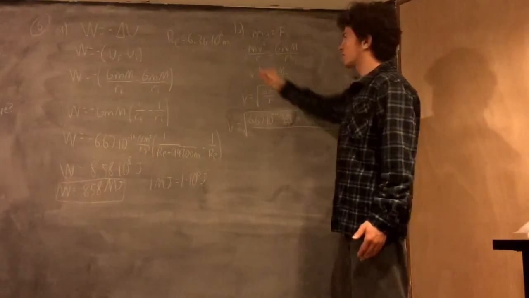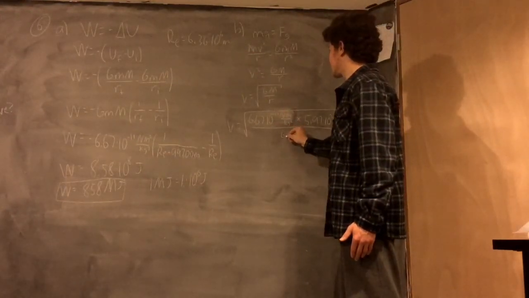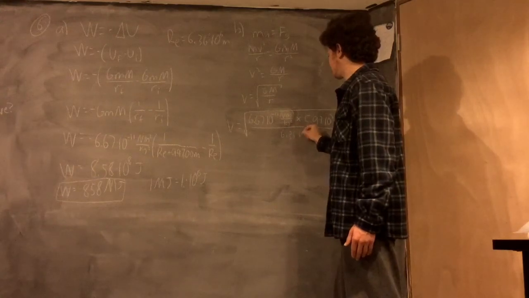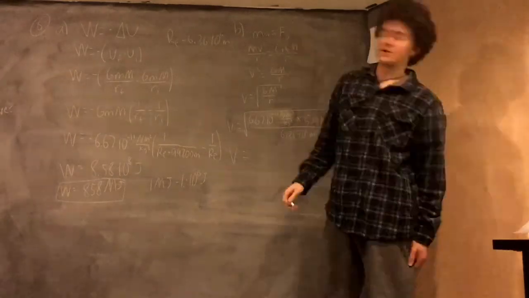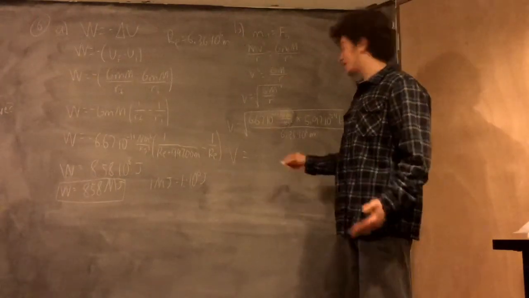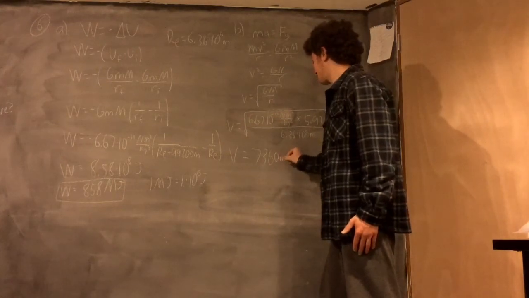And again, from before, the radius of the Earth is 6.36 times 10 to the 6 meters. Plugging this into your calculator yields a velocity of 7,360 meters per second.